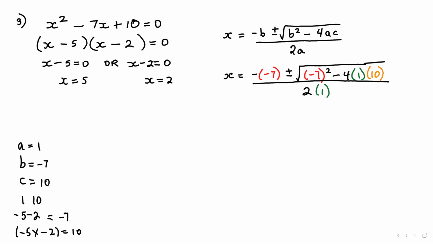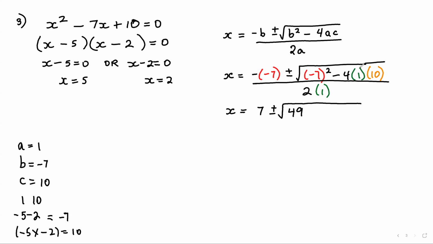And now we simplify. So let's make this simpler by working out what we can work out so far. A minus by a minus gives me a what? A plus. So this will just be 7 plus or minus the square root of what's -7 squared? 49. Yes.